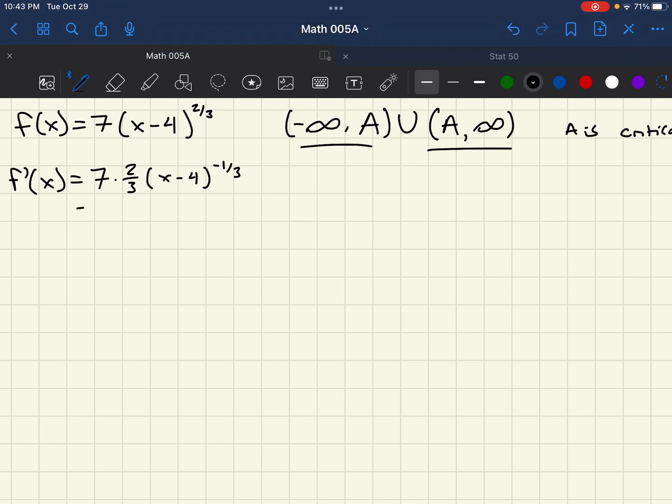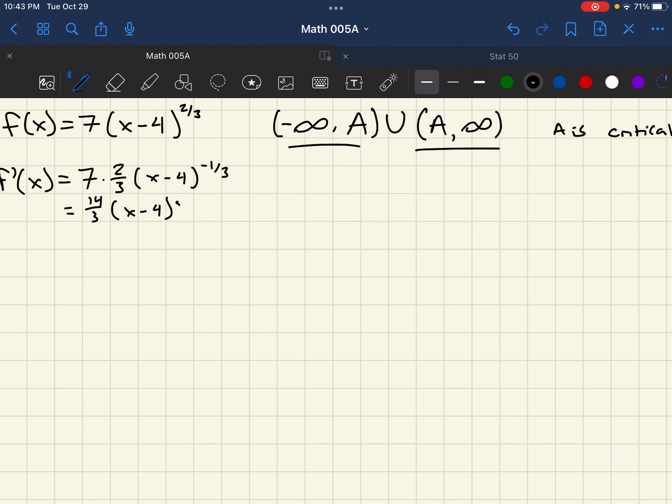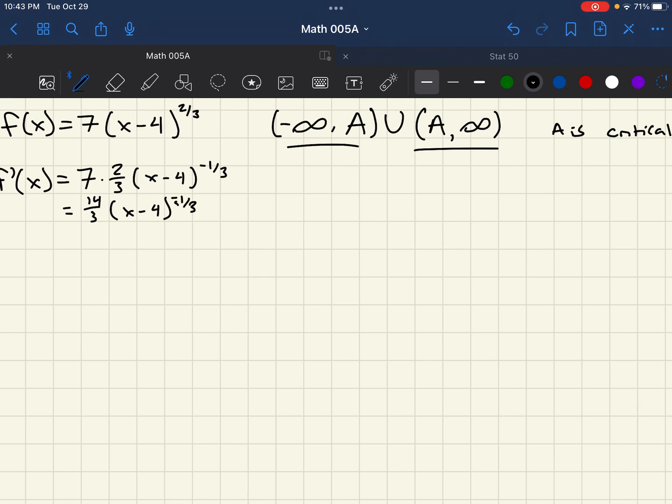And this equals 14/3 times (x minus 4) to the negative 1/3. And then we're going to have to set this equal to 0.